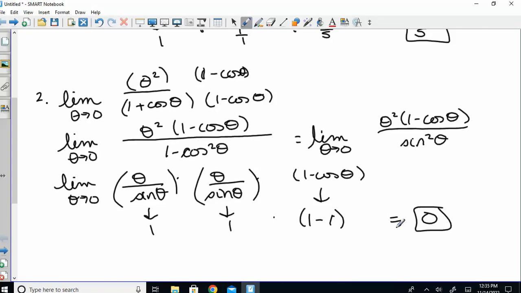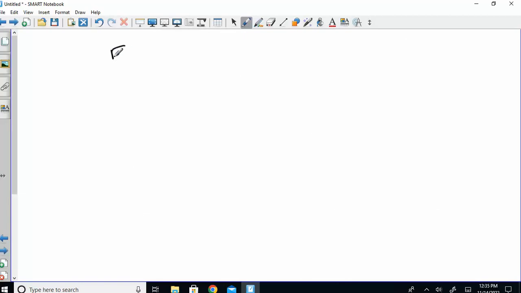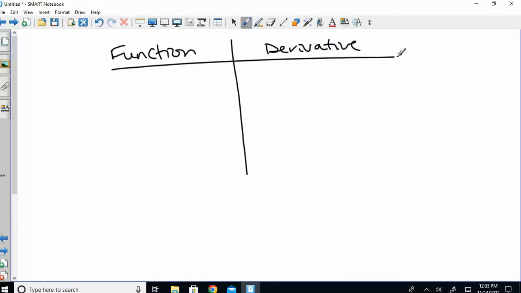Then the derivative problems, you just have to remember to do product and quotient when necessary. Let's recap the function and the derivative. So what's the derivative of sine x?